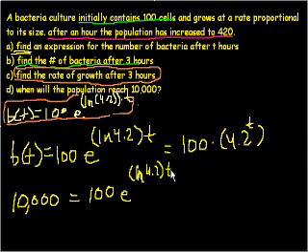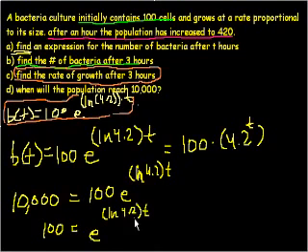We can divide both sides by 100 and you get 100 is equal to e to the ln 4.2 t. And now we can take the natural logs of both sides of this equation.